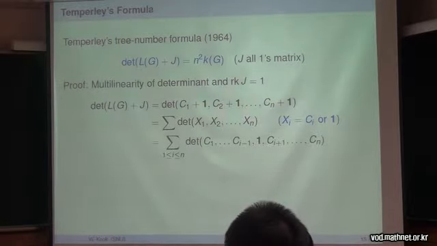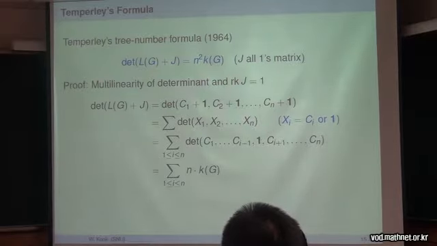Only those terms survive where exactly one copy of 1 exists. If you expand the matrix along that column, it picks up n copies of the cofactors. So that gives us n copies of KG, and as i goes from 1 to n, that gives us n squared times KG.